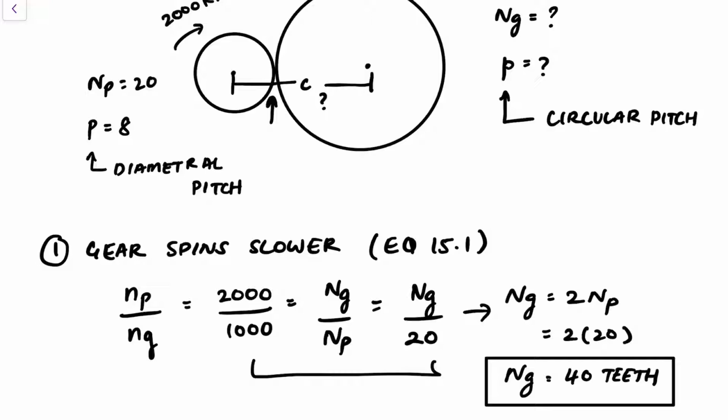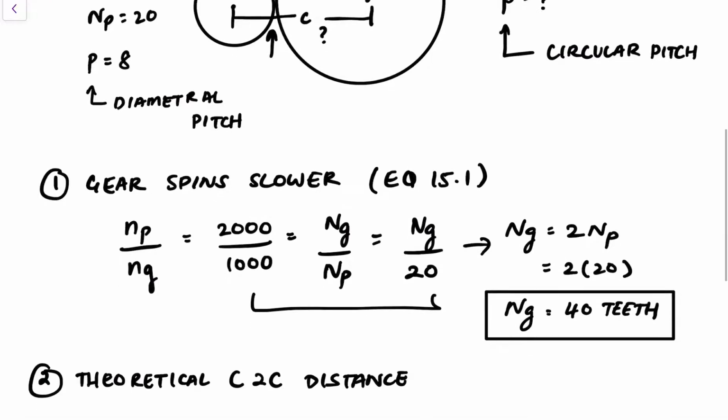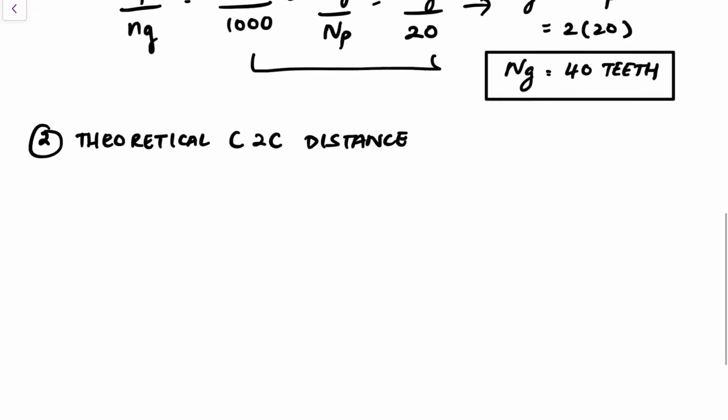Each gear has a pitch circle associated with it, and we assume that they mate at the pitch circle. If they don't, then the equations that are available in the textbook don't hold. These are assumptions that are made in the textbook, and you need to be aware of these assumptions.